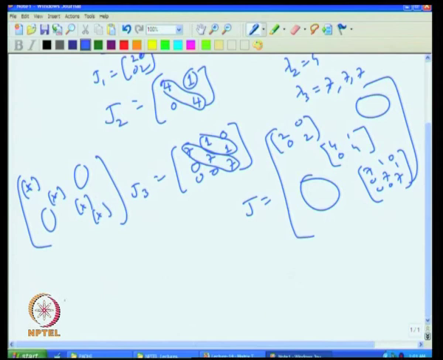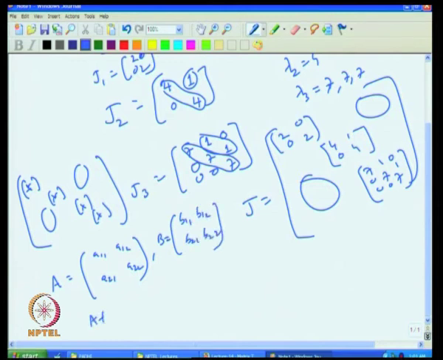So, I have a matrix, let me take a 2 by 2 for example, A11, A12, A21, A22, and similarly B matrix which has B11, B12, B21, B22. They are all time varying elements, remember that. Then A plus B is nothing but A11 plus B11, A12 plus B12, A21 plus B21 and A22 plus B22.